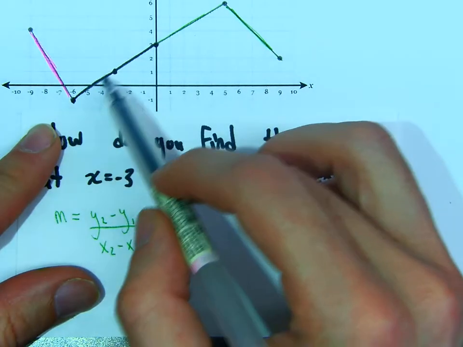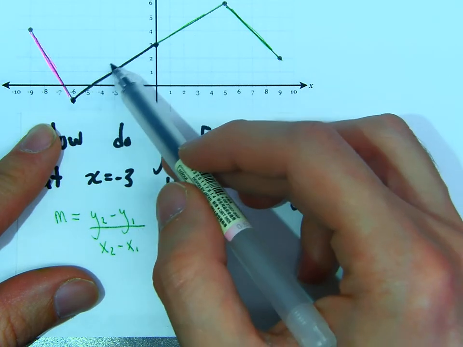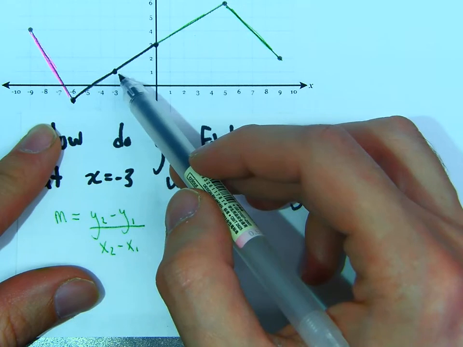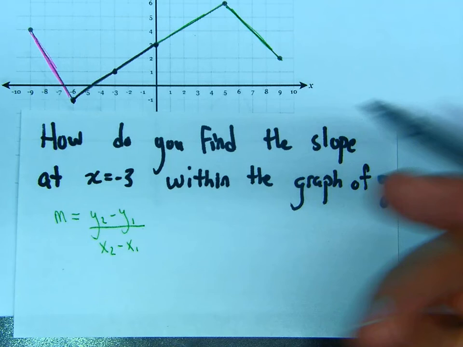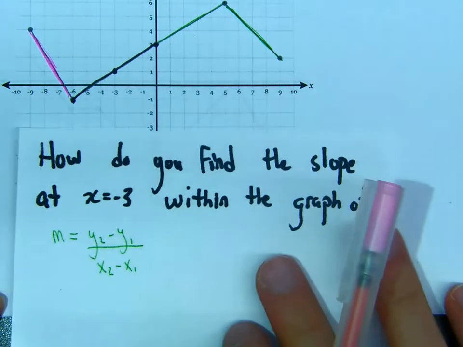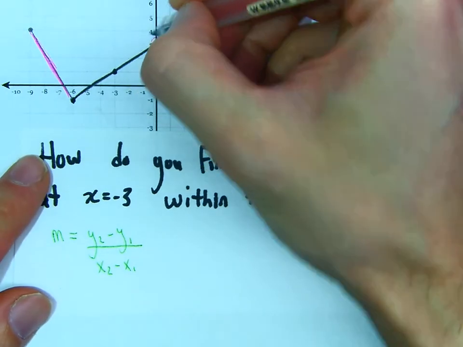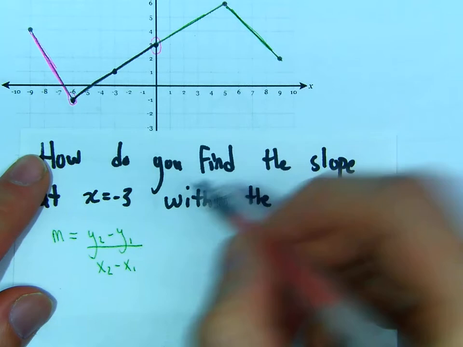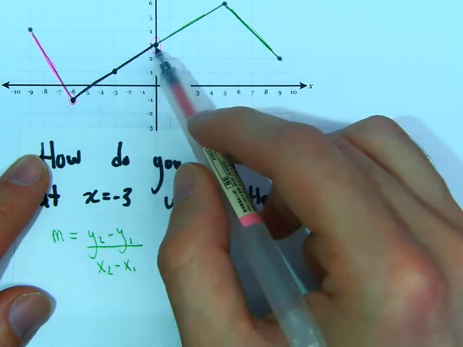You pick any 2 points on this line and you find the slope, then it will represent what g prime of -3 is. So now, which 2 points look nice and juicy, right? Which 2 points look very nice to look at? It's always the end points. If I take a look at this point and this point, these 2 points are on this line. So let's use these as our points.